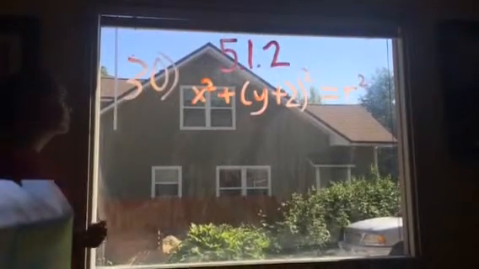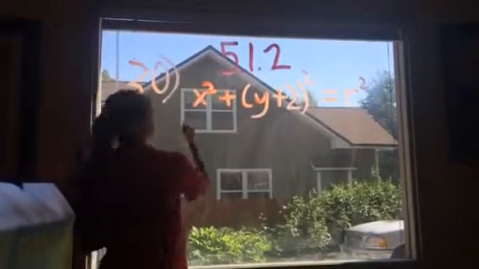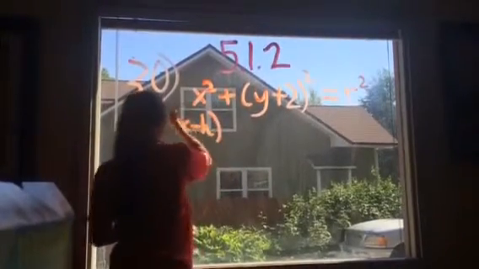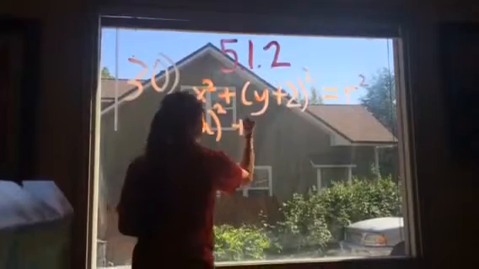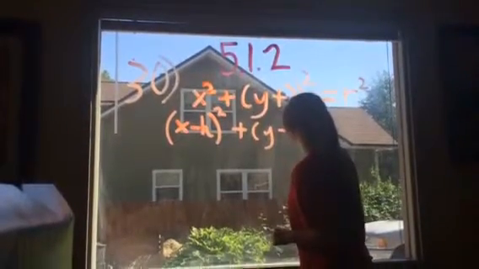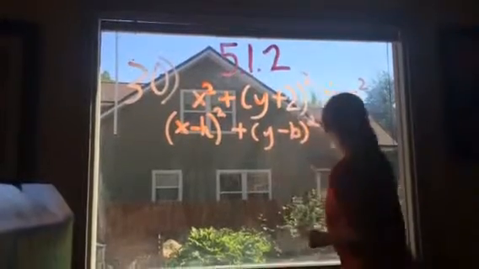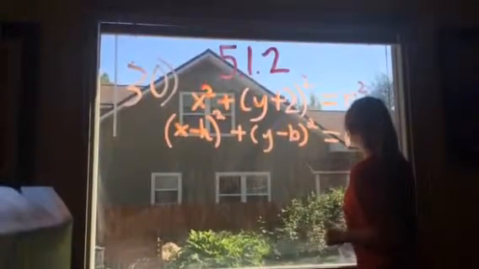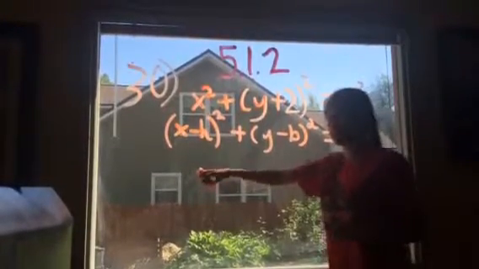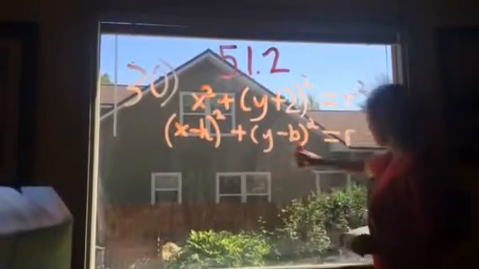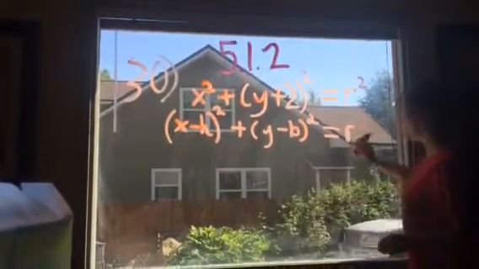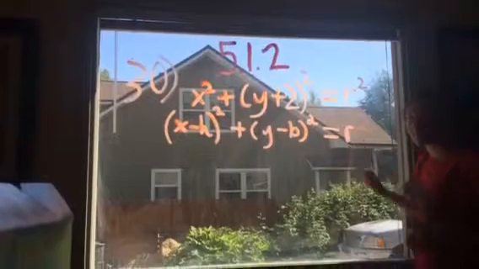So first, we have to look at the equation for a circle, which is x minus h squared plus y minus k squared equals r squared, where h is how far you're shifted to the right or to the left, k is how high or low you're shifted, and r is the radius of your circle.